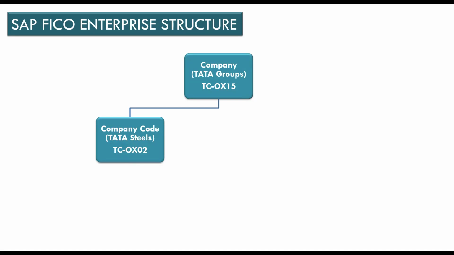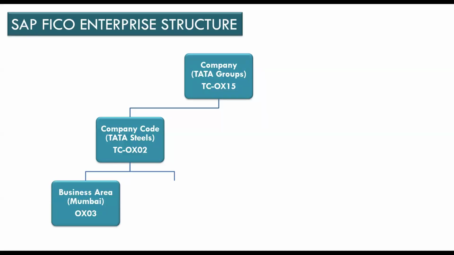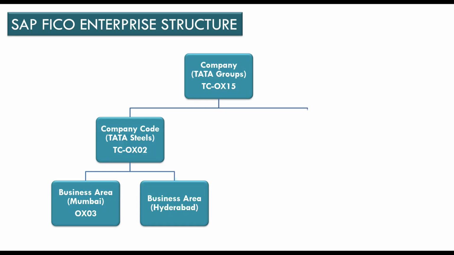Under one company code, we can have multiple business areas. Like in Mumbai, we may have one business area which manages all the businesses, and in Hyderabad we have one business area.